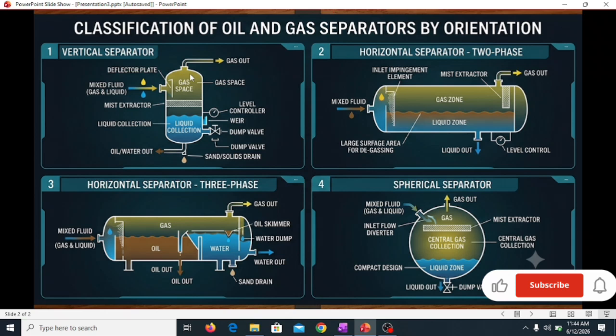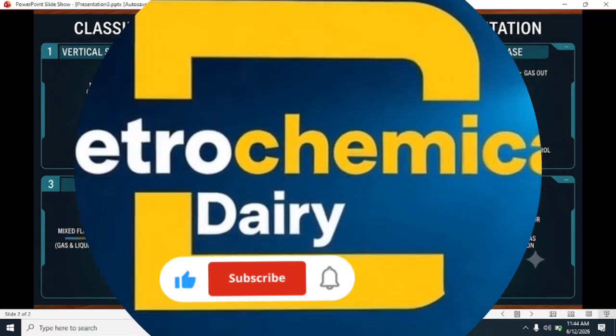So if you want to, for example, go and see the PCV, which is the pressure control valve, I will explain that later, you have to climb up. So you have poor accessibility to the vertical separator. So that is the difference between a vertical separator and a horizontal separator.